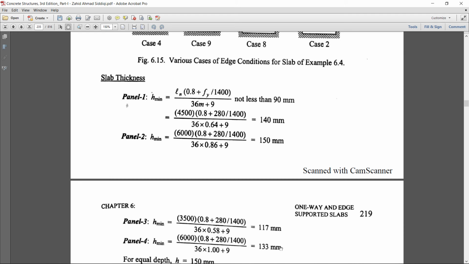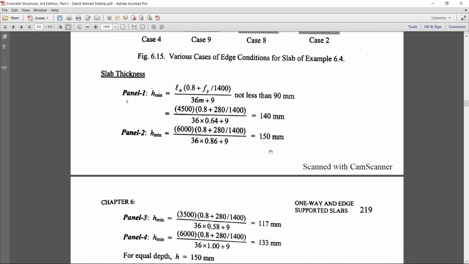Because the difference is not too much between the panels, if we provide a 150 millimeter slab for panels 1, 2, 3, 4, the 150 millimeter slab thickness will satisfy all slab panels.